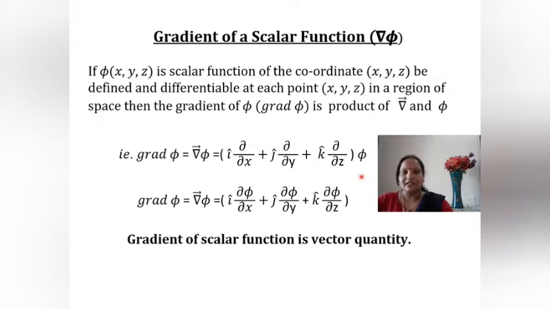After simplification, grad phi is equal to del phi is equal to i dou phi by dou x plus j dou phi by dou y plus k dou phi by dou z, where i cap, j cap, k cap are the unit vectors along x, y and z axis respectively. The gradient of a scalar function is a vector quantity.